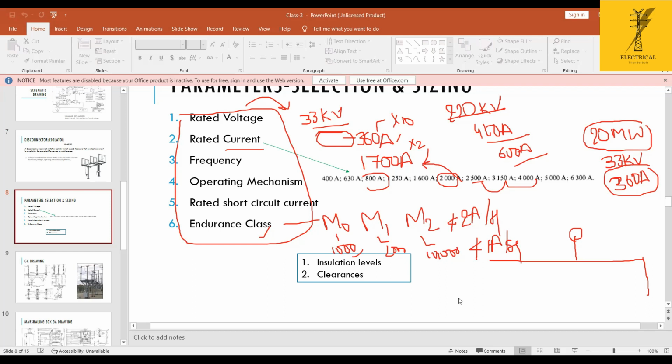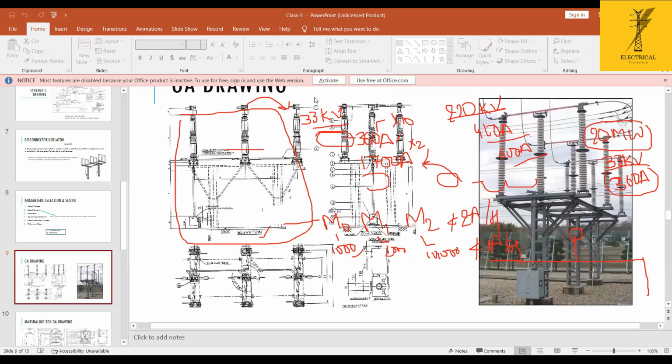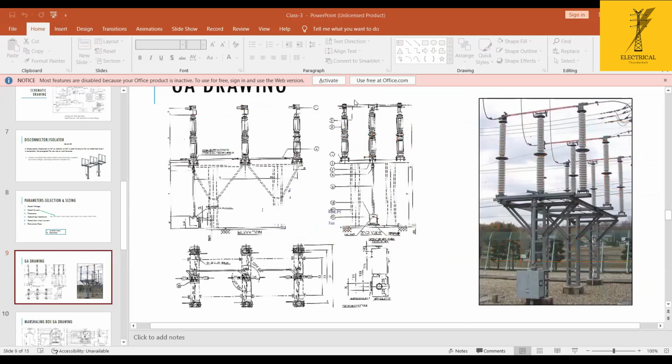And apart from this, the GA drawing, meaning the general arrangement drawing of the isolator, to know the clearances maintained. We have to maintain the phase-to-phase and phase-to-earth clearances at every voltage level. With respect to the voltage level, the clearances will change.